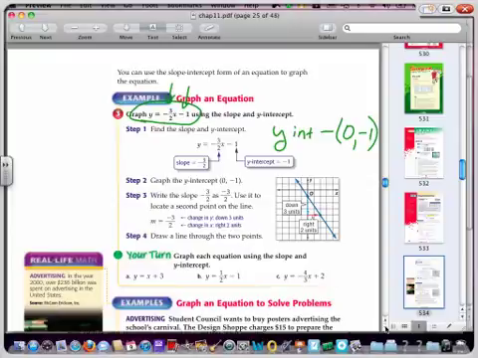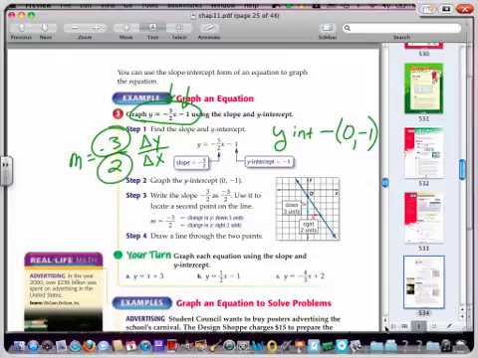And if we know the slope, so for instance, the slope is negative 3/2. Remember, the slope was the change in y over the change in x. So we know our y units, negative 3. We know our x units, positive 2. So we're going to take this point and plot it, 0, negative 1.